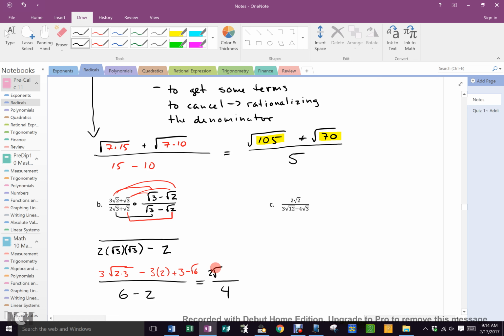So I've got 2 root 6, and that takes care of these. Now, let's check here. I had 3 times 2, which is 6, right? And then I had 3 root 3, 3 times 3, which is 3. Yes?